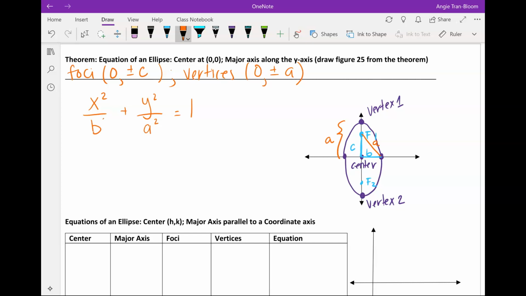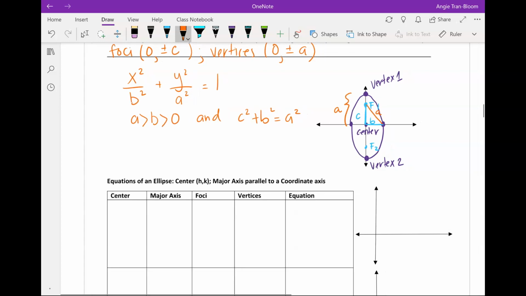That means x will get B squared. Okay? And similarly to earlier, A must always be bigger than B, and they both have to be positive. And Pythagorean theorem said C squared plus B squared equals A squared in the ellipses. So that's if the center is at 0, 0, which is so much nicer.